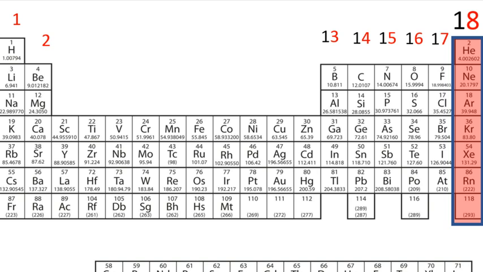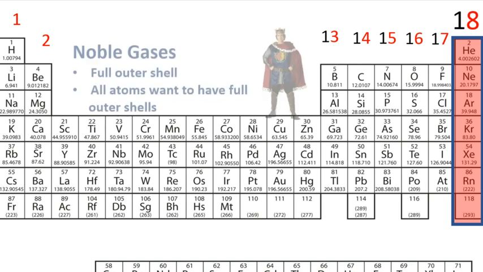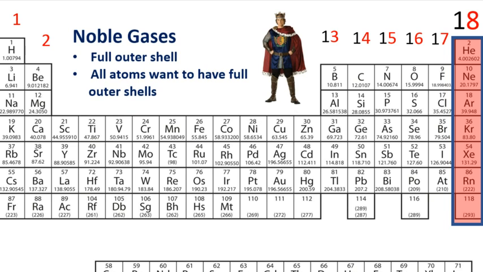And again, the octet rule says that all of these other atoms would like to be like these special elements because they have a full outer shell. They are so special, they have a special name. This group of elements are called the noble gases, because they have a full outer shell, and all atoms want to have a full outer shell just like them.